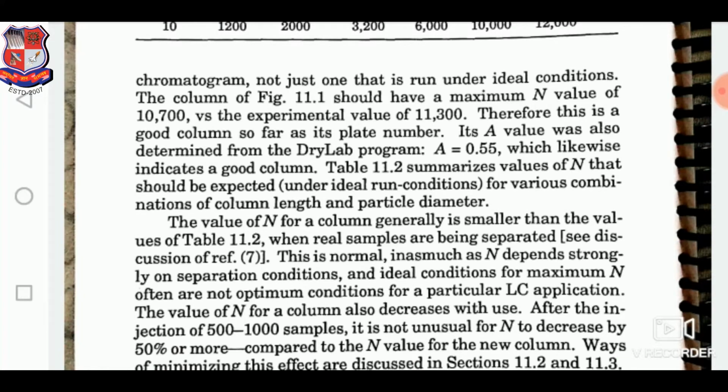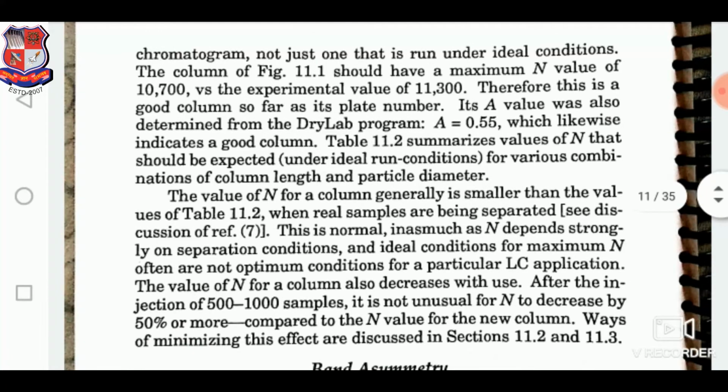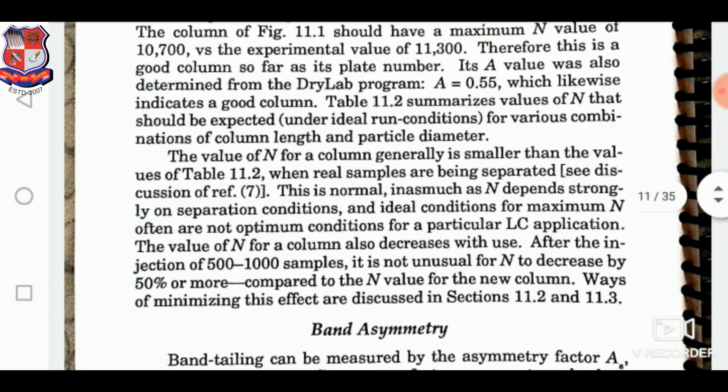This is normal, as N depends strongly on separation conditions, and ideal conditions for a maximum N often are not optimum conditions for a particular LC application. Thus, the value of N for a column also decreases with use. After the injection of 500 to 1000 samples, it is not unusual for N to decrease by 50% or more compared to the N value for the new column.